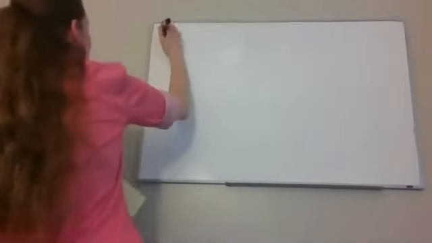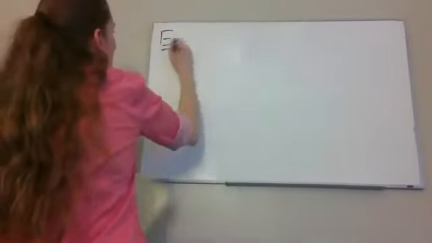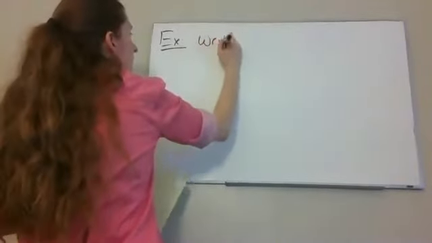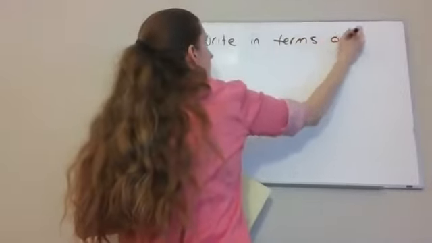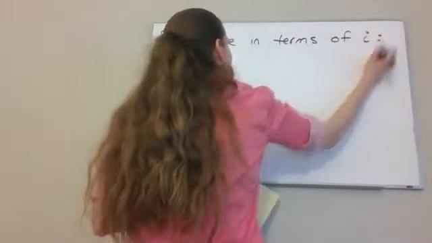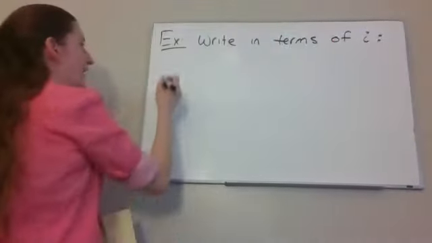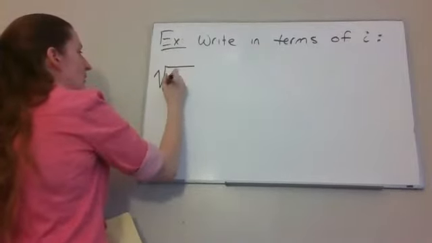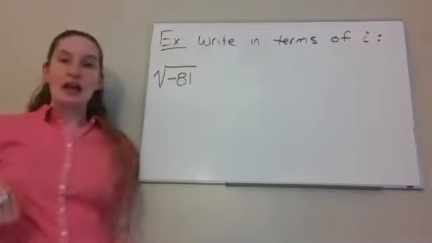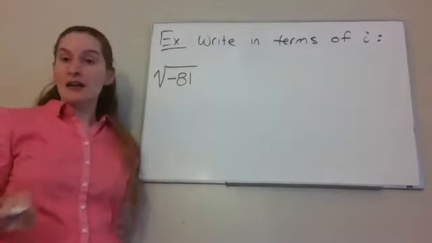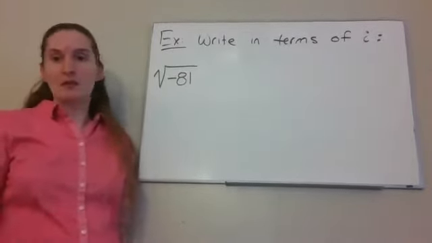So for an example, we're going to write the following things in terms of i. The first one is going to be the square root of -81. And until we were introduced to i, you would just say no real solution and be done with it.